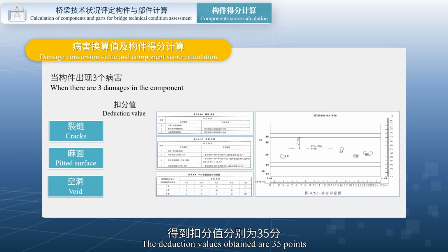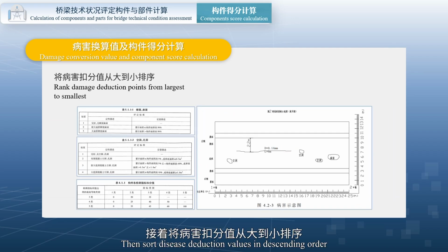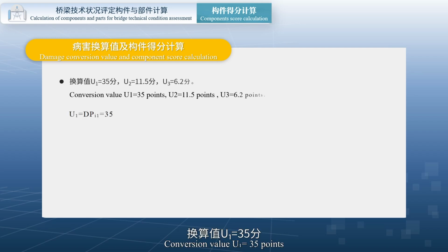The deduction values obtained are 35 points, 20 points, 25 points. Then sort defect deduction values in descending order. DP1 equals 35 points. DP2 equals 25 points. DP3 equals 20 points. Conversion value U1 equals 35 points.